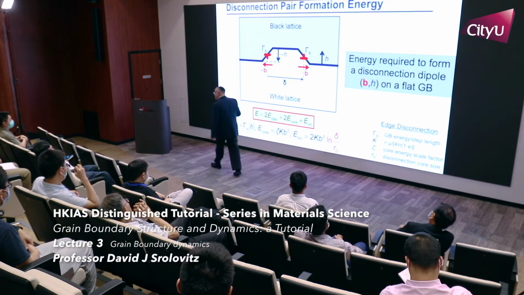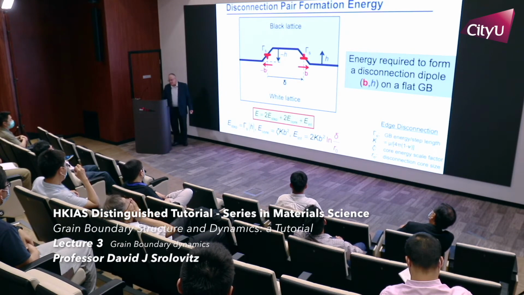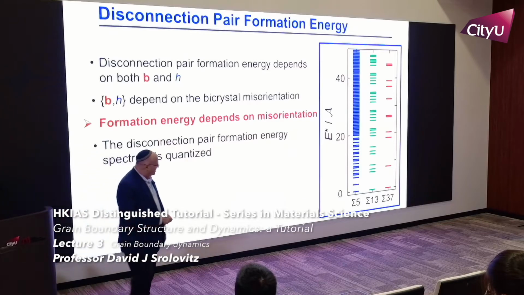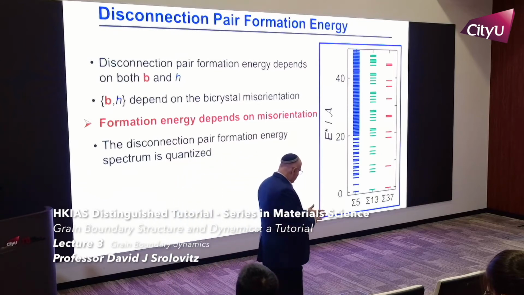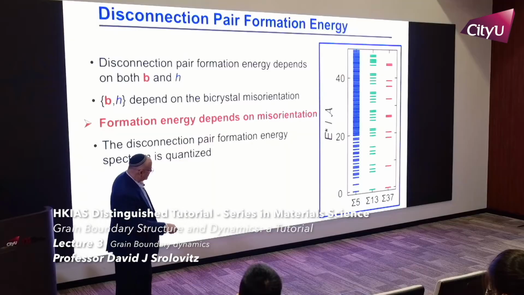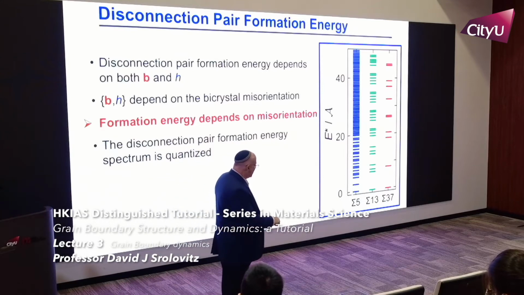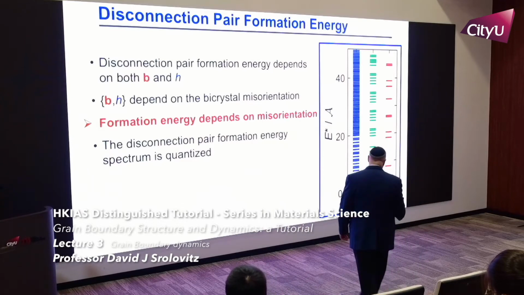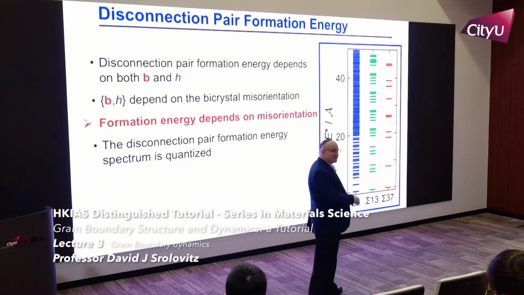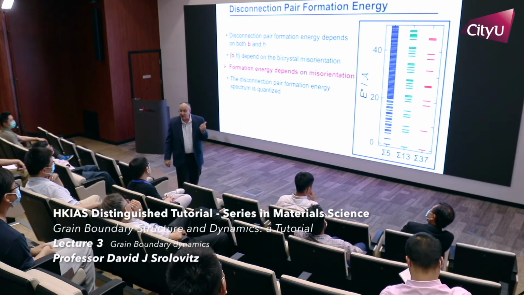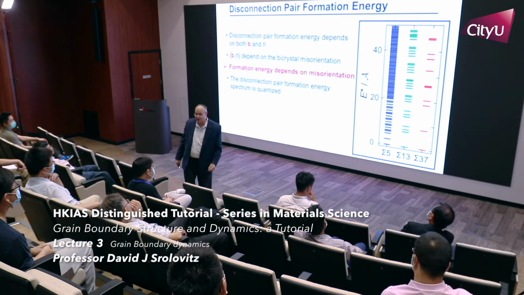So if I look at different grain boundaries, the H's and B's which are permissible are different. And that's what's shown here. If I pick a particular misorientation corresponding in this case to sigma 5, and I look at all the possible combinations of H and B I can have, I have a set of formation energies. And that set is just determined by the crystallography, which B's, which H's I'm allowed.